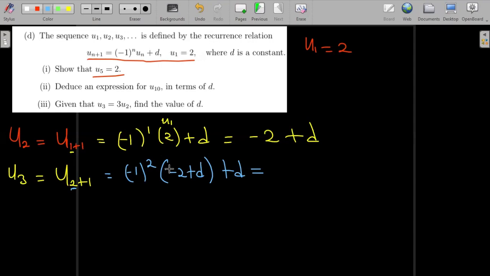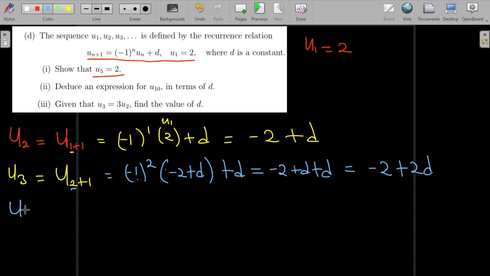So this one will just be 1. And then if I multiply by this one, it will be minus 2 plus D plus D, which will just be minus 2 plus 2D.